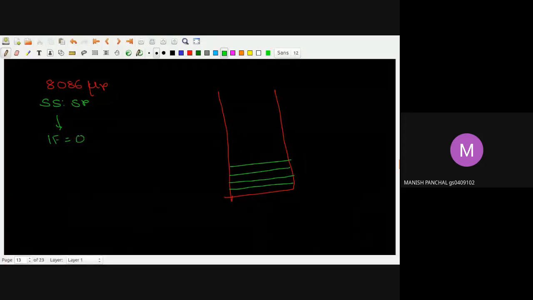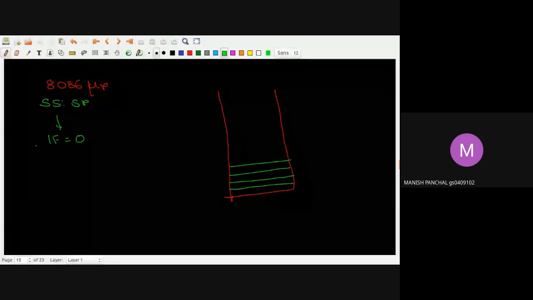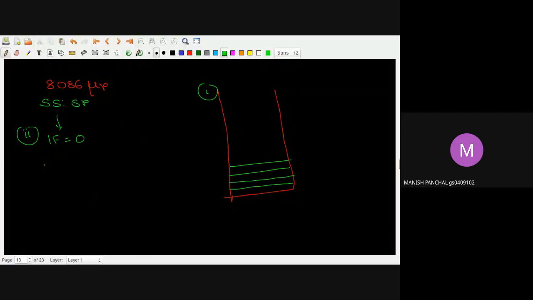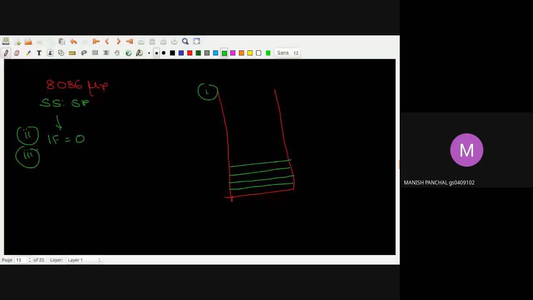For example, I am saying the first step is that the stack is initialized. The second step says that the IF value will become 0. And the possibility is that you have set the value of the trap flag also, so you have to reset this trap flag also. This will be automatically reset.